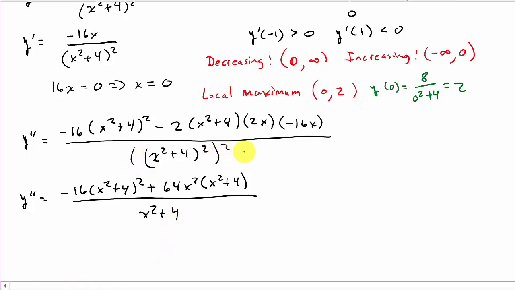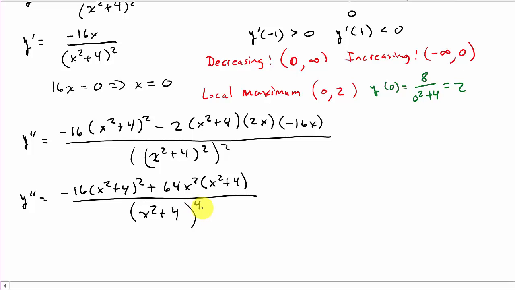I didn't square the denominator. Okay. So it's the derivative of the numerator times the denominator minus the derivative of the denominator times the numerator, all that over the denominator squared. Okay? So I just forgot to put the parentheses squared. I got it there now. And then that's to the 4th power.